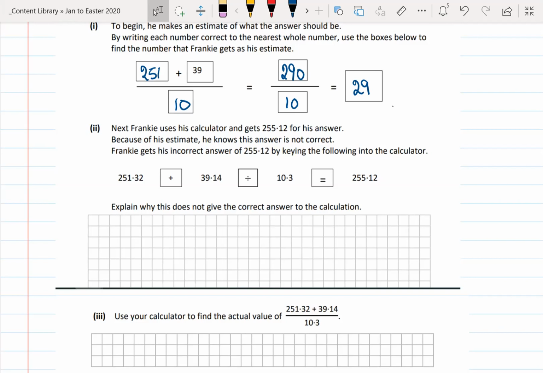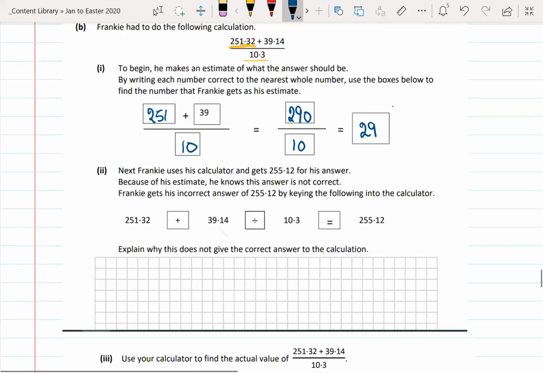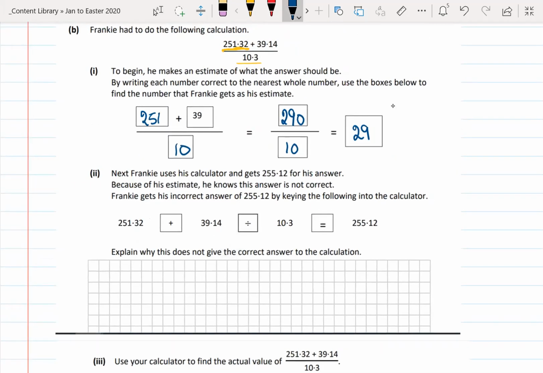Frankie gets his incorrect answer by keying the following into the calculator. So what does he do? He adds the top line and then divides by 10.3. We'll explain why this does not give the correct answer.